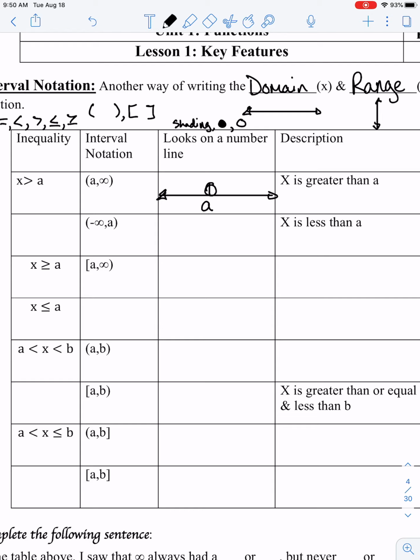And then x is bigger. So if I'm thinking about a number line, bigger values are to the right or they're up. So because it's bigger, I'm going to shade to the right. All of these are possible x values.